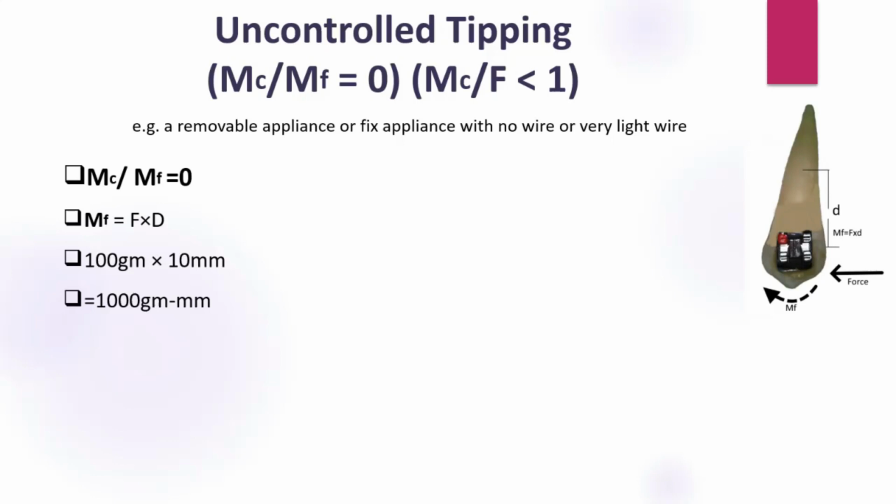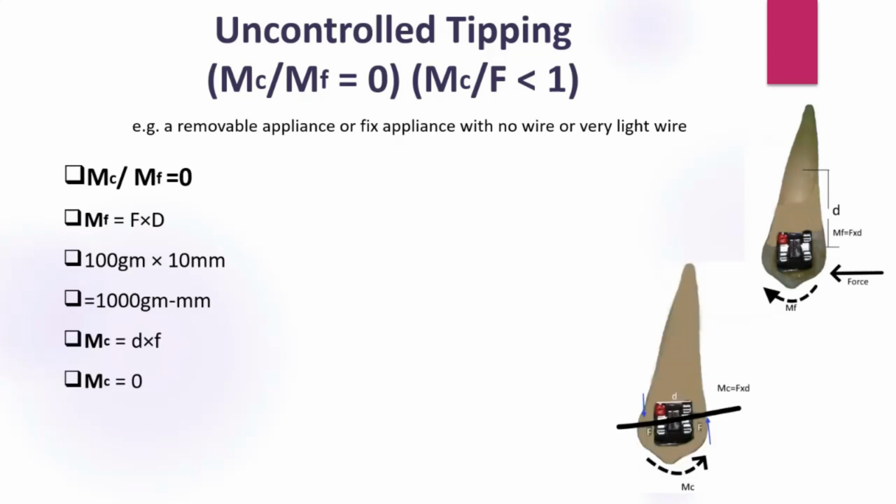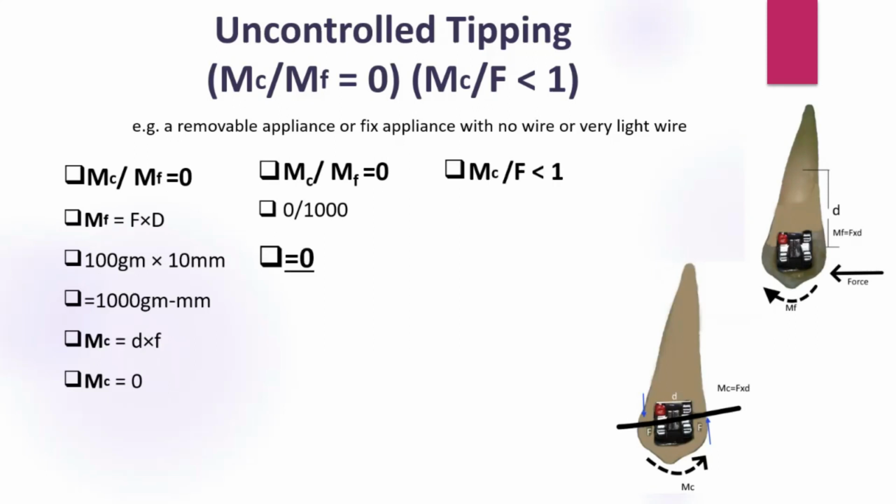While we are applying no moment of couple, so that would be 0. So the overall result would be 0 for moment of couple to moment of force. For moment of couple to force ratio, as there is no moment of couple, similarly the outcome here would also be 0, or less than 1.